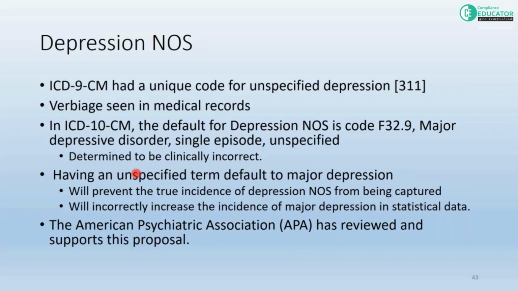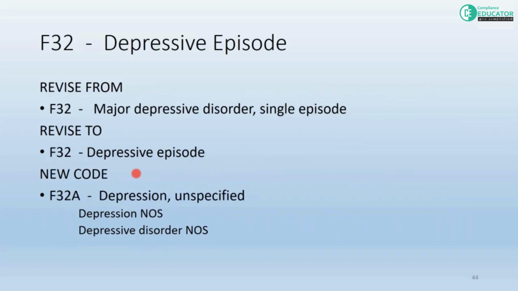They've determined it to be clinically incorrect. And they're saying, you know what? We need the codes to be better. And so here's what they've done. They've taken the F32 category and changed the title of it to just depressive episode. They've added a new code, the F32A, that says depression unspecified, and also depression NOS and depressive disorder NOS.